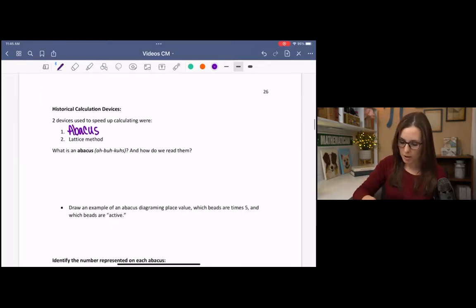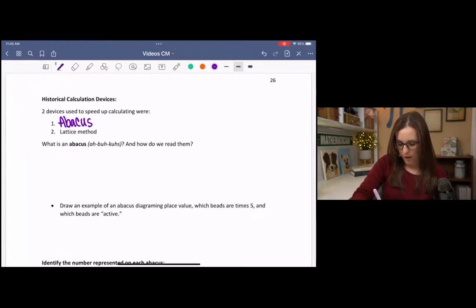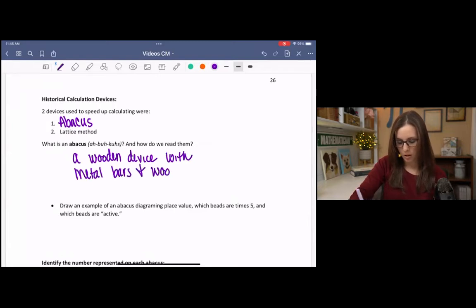So an abacus is a wooden device, I guess, structure with metal bars and wooden beads used to represent numbers.